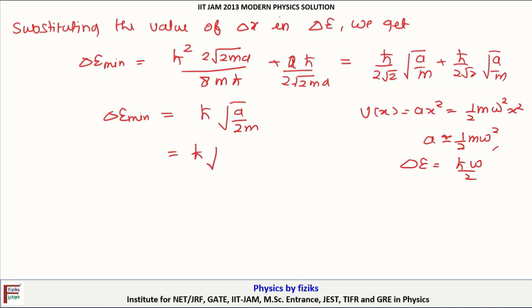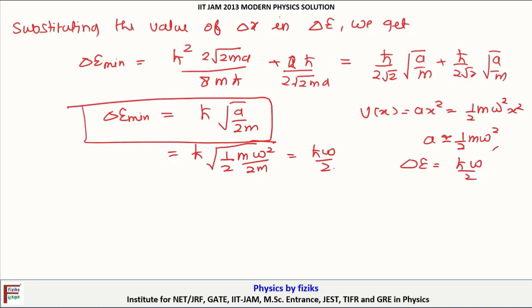So if we substitute a = ½mω² in the expression, we would get ħω/2. So our expression for the minimum energy, ħ√(a/2m), is correct.